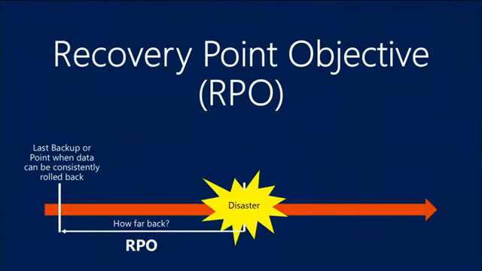Exactly. So basically, the RPO is the point in time that is okay for me, when I last did my backups, when I last had my application and data running in a good state. So my RPO is going to be this time.